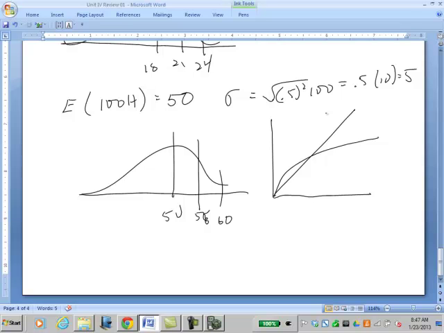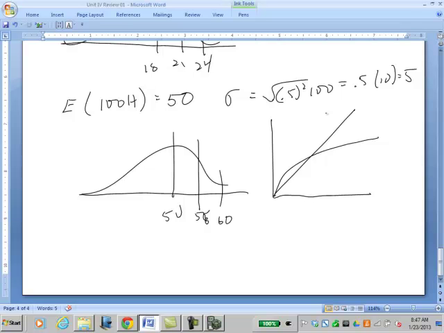So as the number of tosses gets bigger, what happens to the ratio of the variance to the expected outcomes? That ratio is getting what? Well, the denominator is getting bigger, right? So that means the variance is going down.